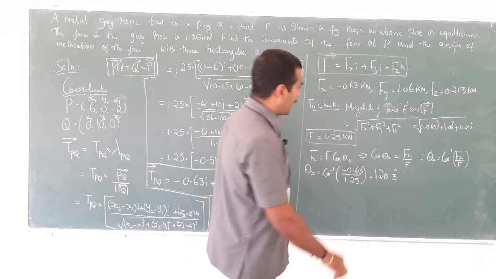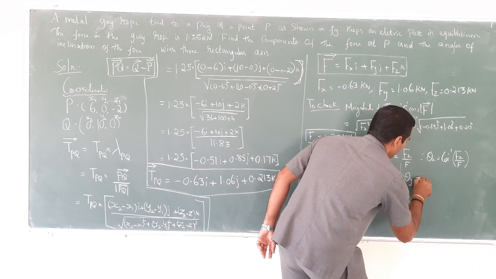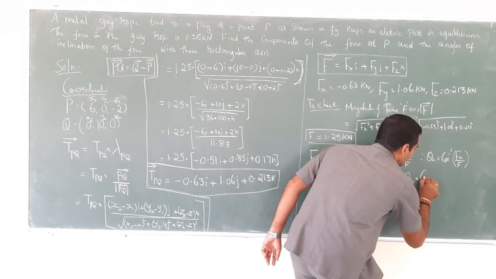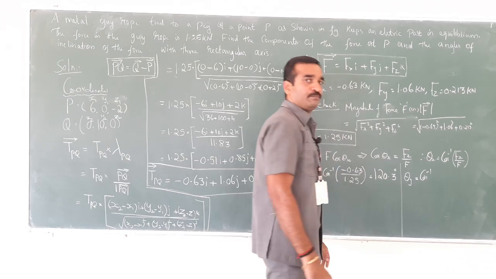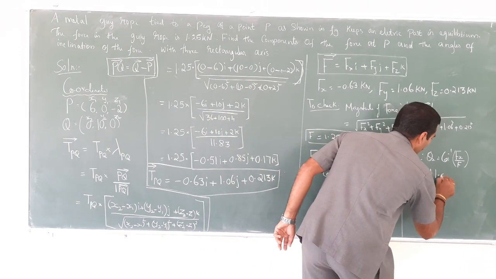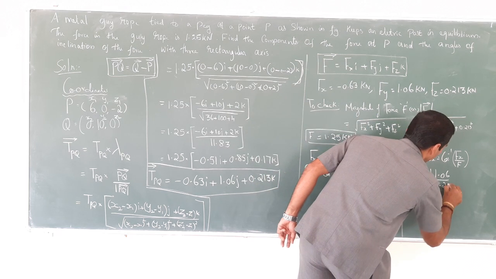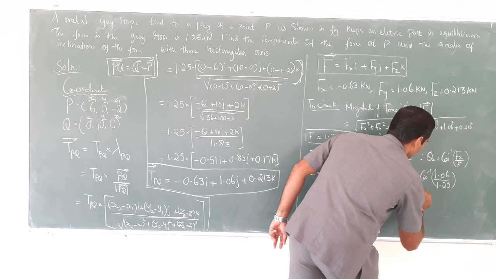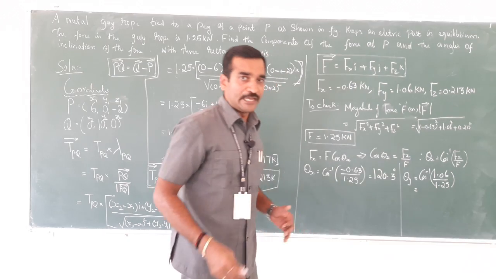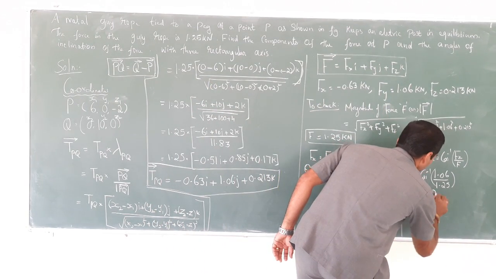Got it? Next, theta_y is equal to cos inverse of F_y by F. F_y is 1.06, divided by 1.25. If you feed the value in your calculator, you will get roughly 32 degrees.